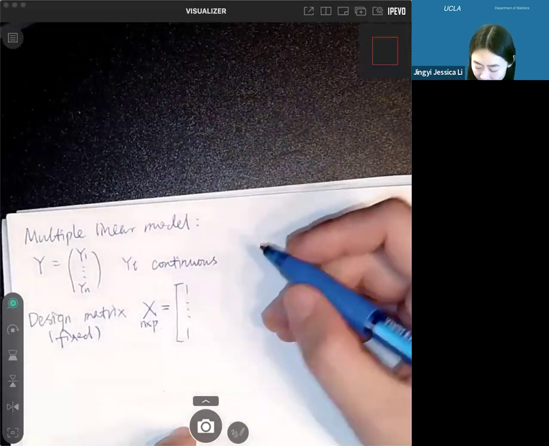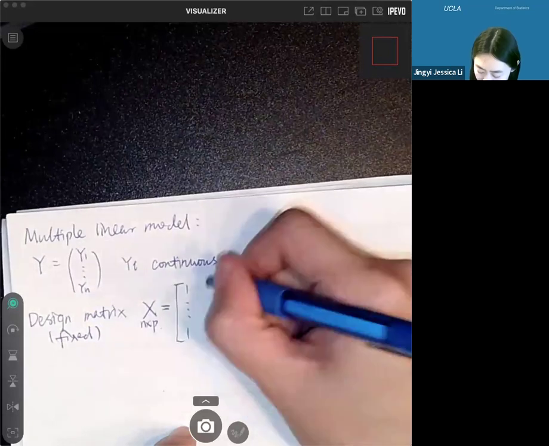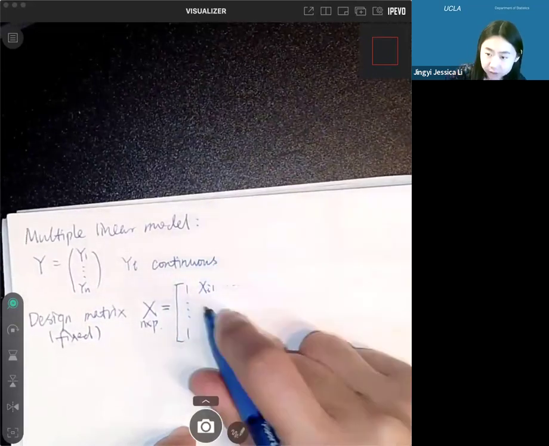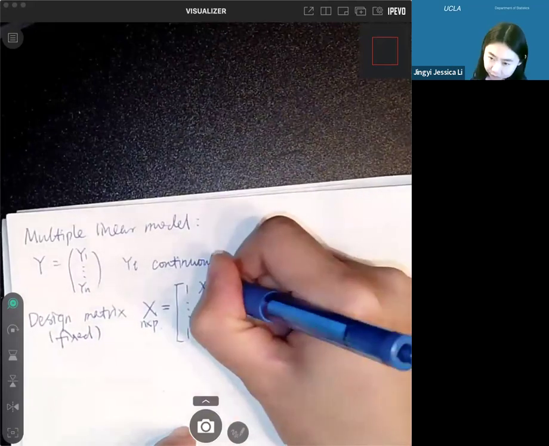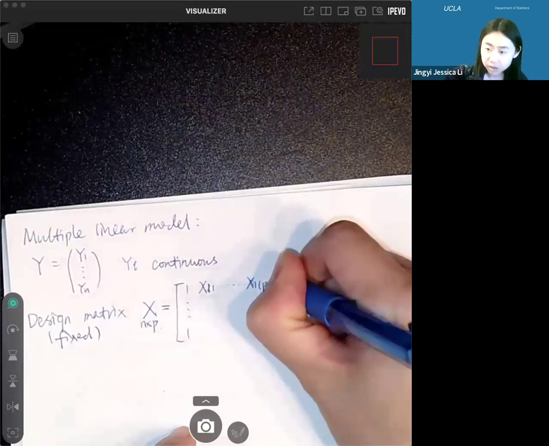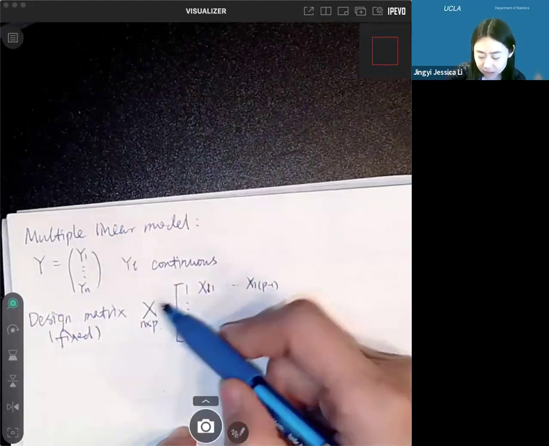And then we have P minus 1 predictors. So typically we denote x_i1, i for the observation, 1 for the first predictor, up to x_1,P-1. So the first index is for the observation, the second index is for the predictor. That's the typical setting in statistics.